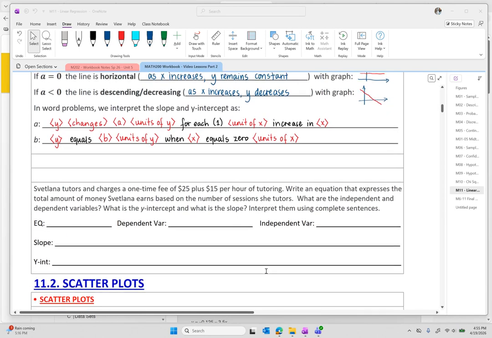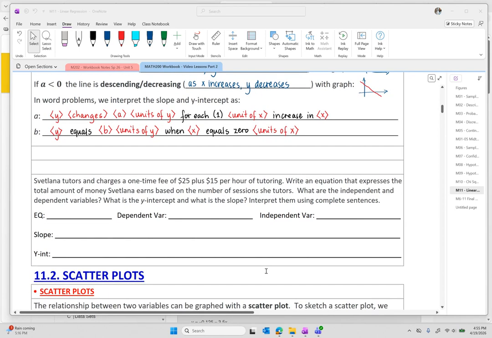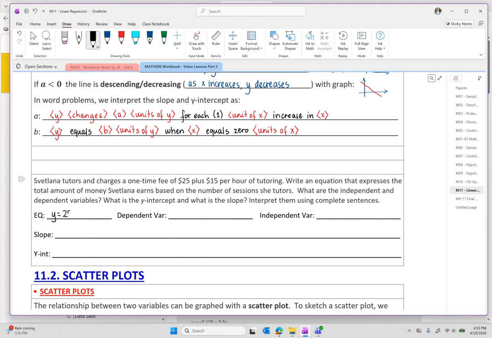Svetlana tutors and charges a one-time fee of $25 plus $15 per hour for tutoring. The equation will be that the cost, or the y, will equal $25 startup fee plus $15 per hour, so 15 times x, x being the units of x.